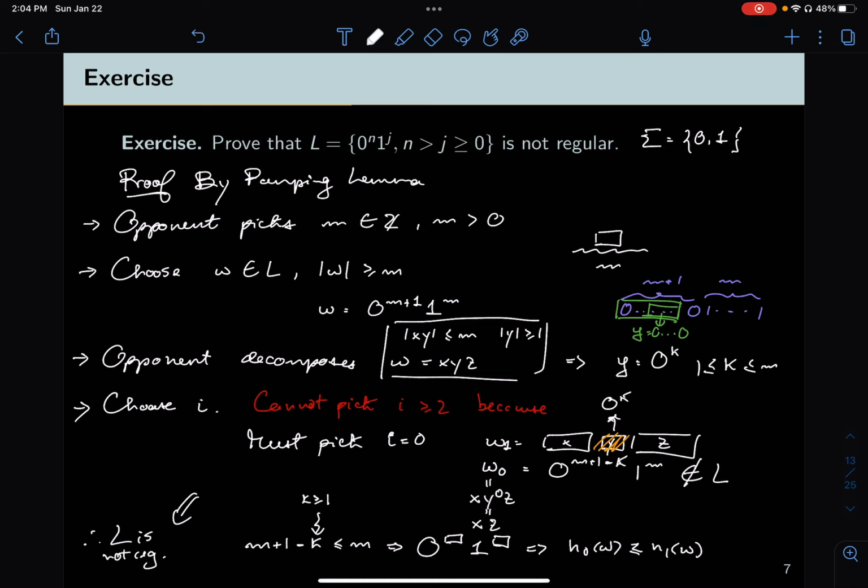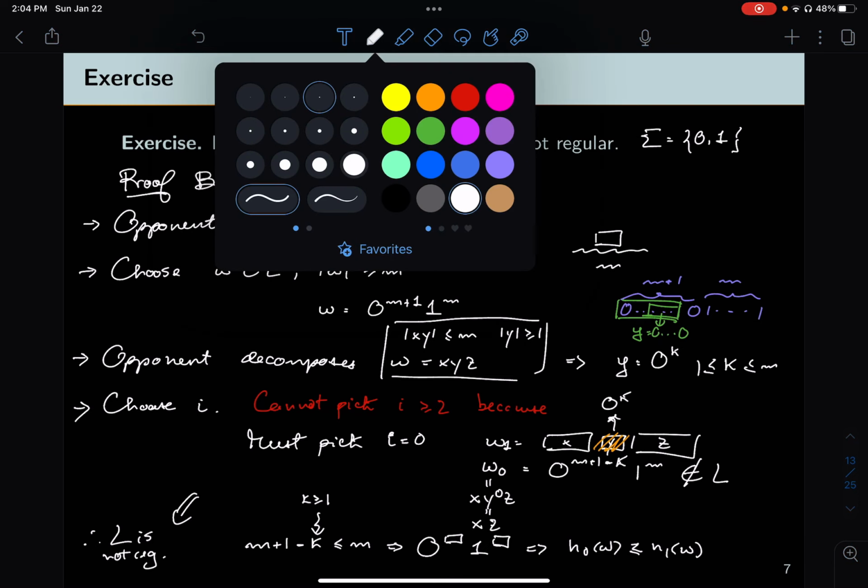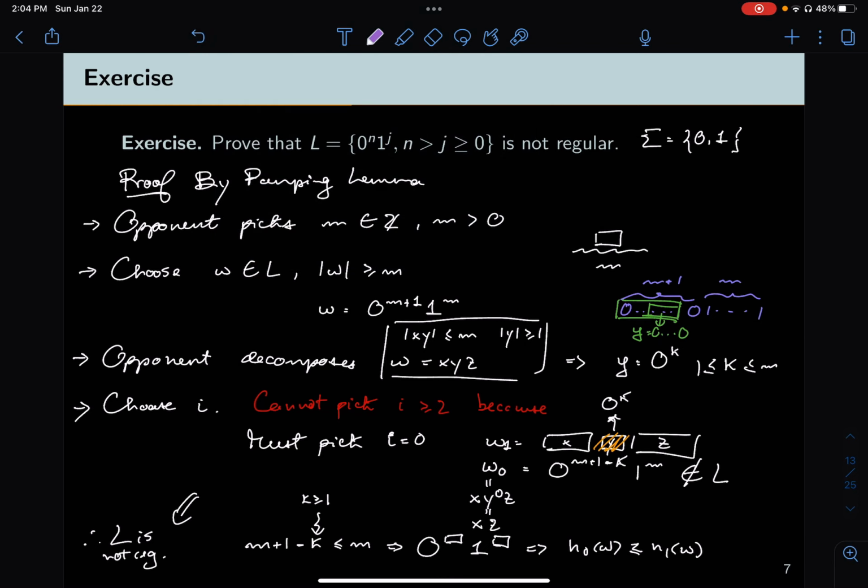And so the reason it was important for us to pick, in this case, plus 1 and not plus 7, for instance, just to pick some number, is this: if we had picked m plus 7 instead of m plus 1, then m plus 7 minus k is not guaranteed to be at most m.